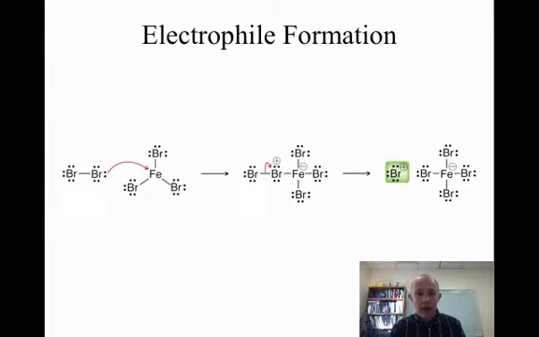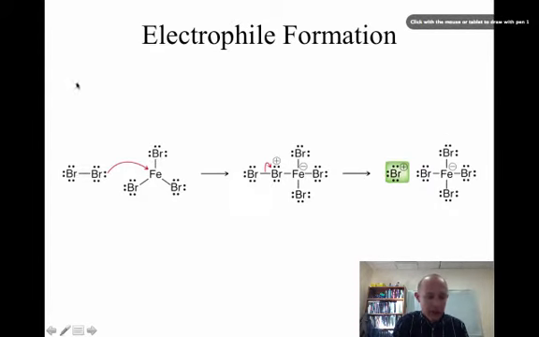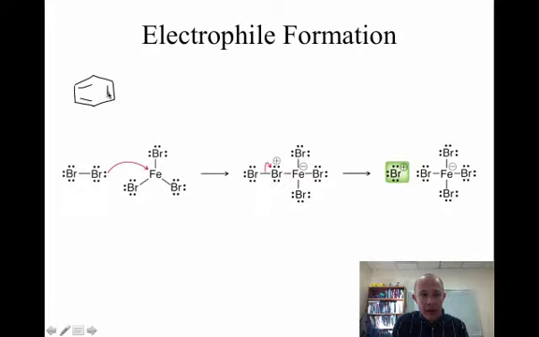Okay, so if we want to look at how we activate an electrophile, we want to make bromine into an electrophile, because what's happening in electrophilic aromatic substitution is benzene has these electron clouds that can be induced to attack something that's positively charged, right? So we need a really strong electrophile in order to attract the electrons from benzene.